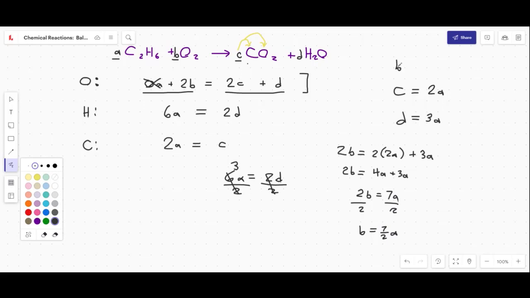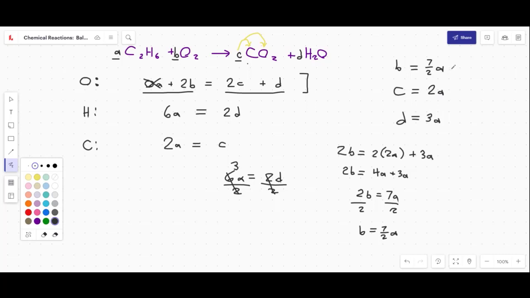And here's where you have to do something a little bit weird. You know that you want your balanced equation to be the lowest whole number ratio. So just plug in the number 1 for A, and then solve for everything else based on that.